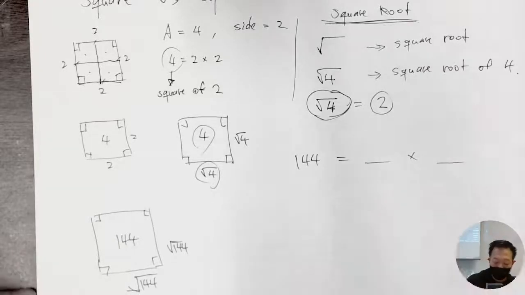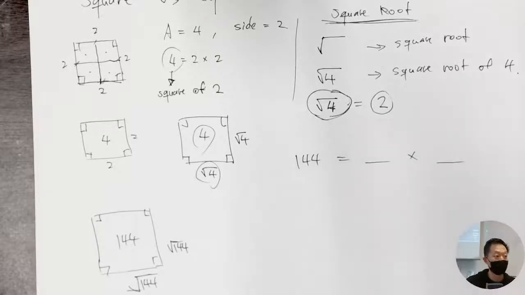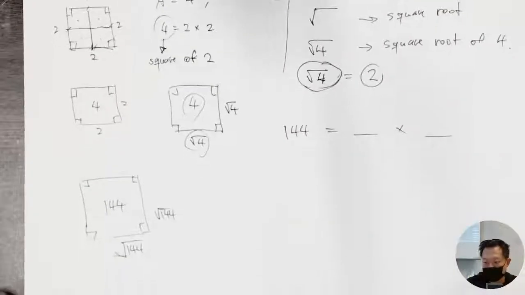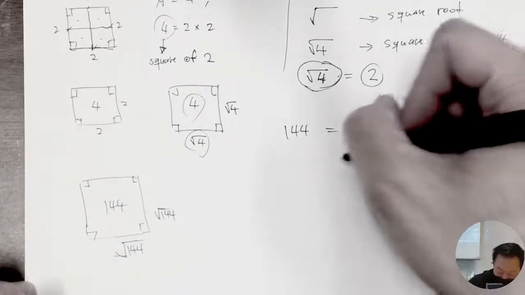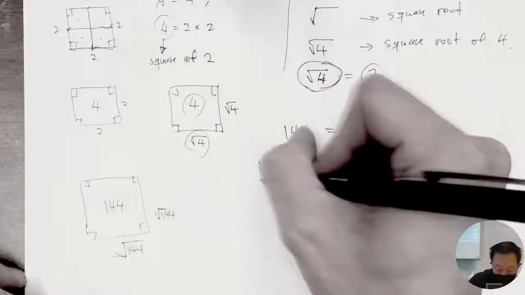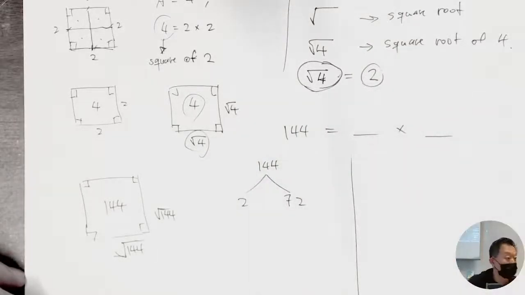But let's use prime factorization to find out why it is 12, okay? Do you guys know how to do prime factorization? Yes? Okay, so I learned my prime factorization differently than yours, but we're gonna do both ways, okay? You probably learned it this way. 144 splits into 2 and 72, yes?